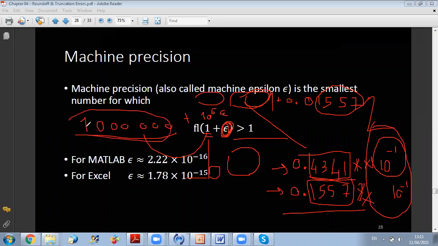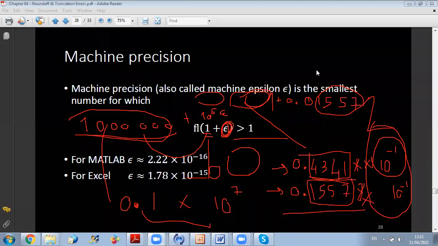So this number you can transform to 0.1 times 10 to the power 7. This is why we always define the minimum number we can read compared to 1 by looking at how many digits we can read after the decimal point. Once this is achieved, we can deduce the error for any number. Is it clear now what we were doing before?